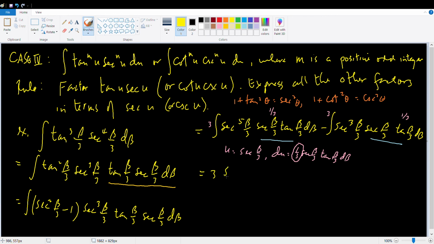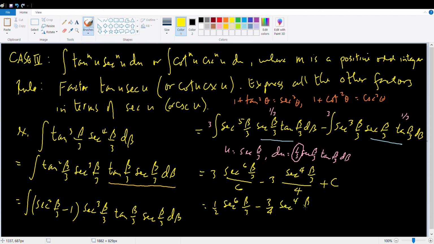Power formula will give us secant to the 6 beta over 3 over 6, minus 3 times secant cube, which will become secant to the 4th beta over 3 over 4, plus c. So that is 3 over 6 or 1 half secant to the 6 beta over 3, minus 3 fourths secant to the 4th beta over 3, plus c.